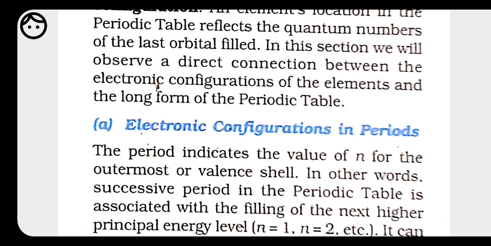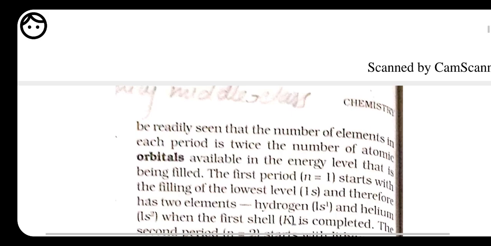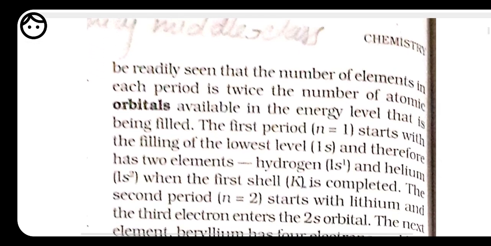Now the third period. It begins with electrons entering the third energy level, that is n is equal to 3. We can recall that this energy level has 9 orbitals: 3s, then 3p, and then 3d.